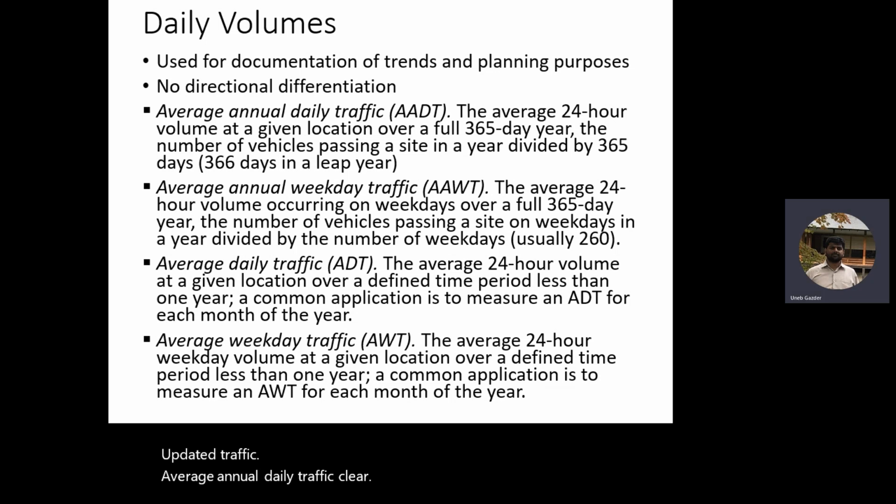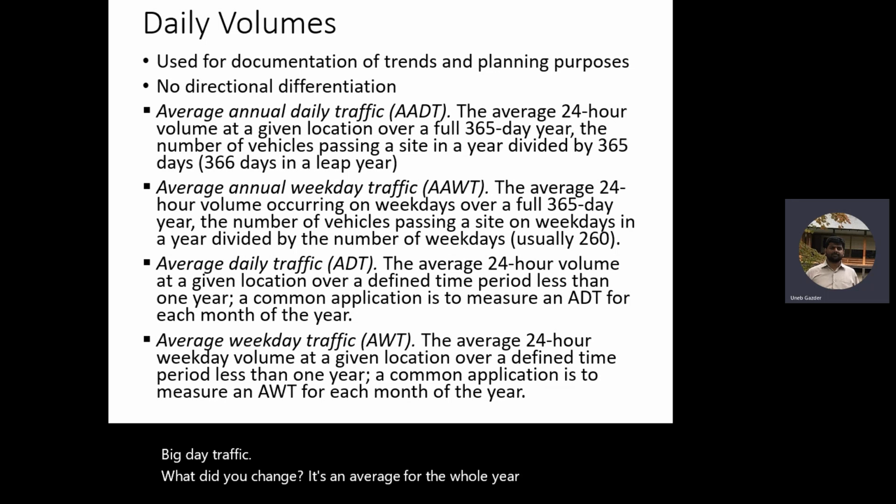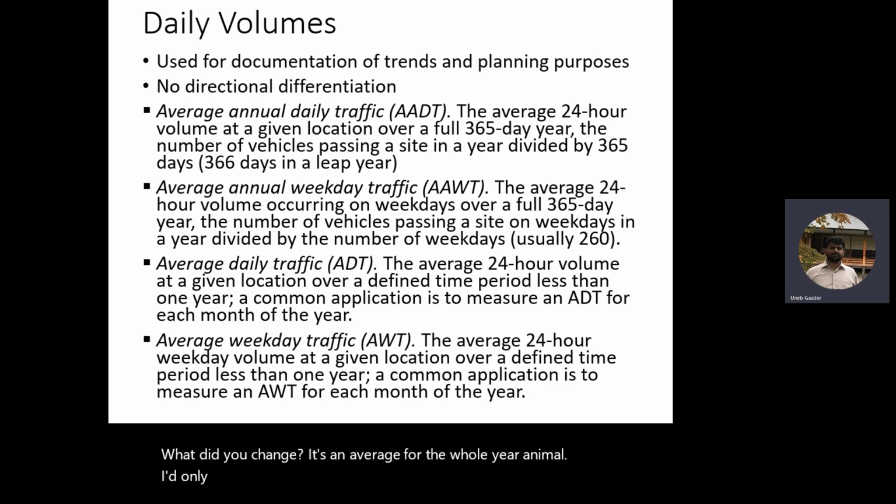Okay. Next one is what? Average annual weekday traffic. So what did we change? It's an average for the whole year, annual, but only weekdays. Which are the weekdays? The days we don't write.